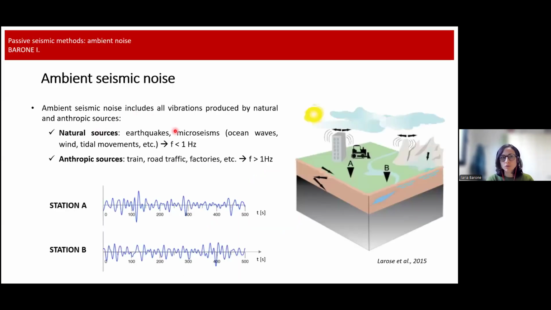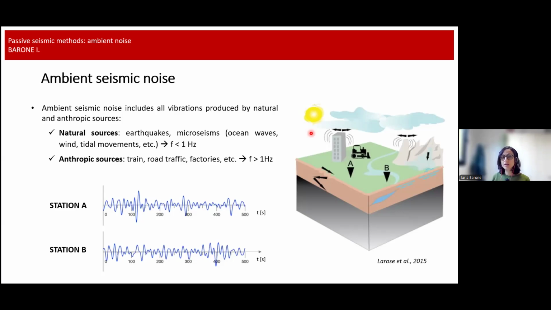Just a brief introduction to what is ambient seismic noise. Ambient seismic noise includes all the vibrations that are produced by either natural or anthropic sources. Among the natural sources, we do have, of course, earthquakes, but the dominant part of the natural sources are microseisms, and I will introduce this concept in the following slides.